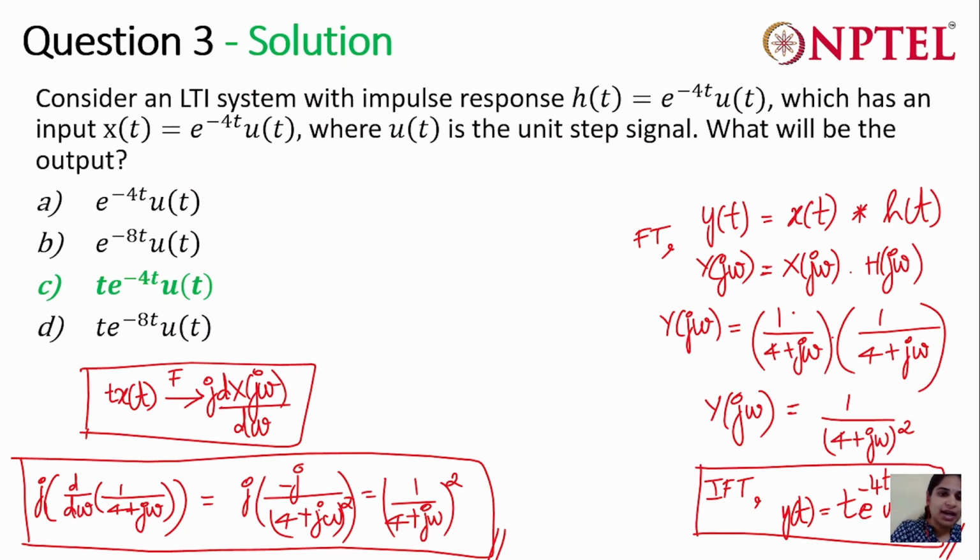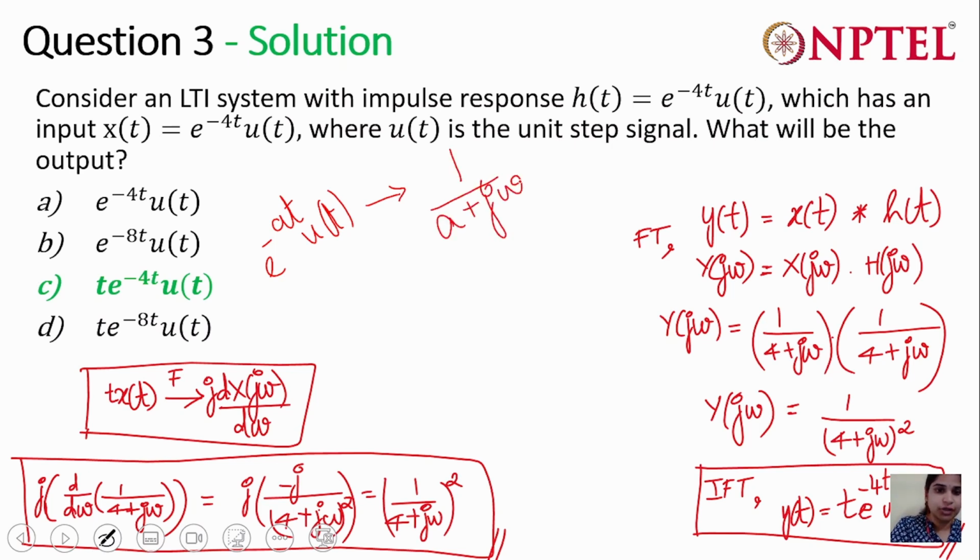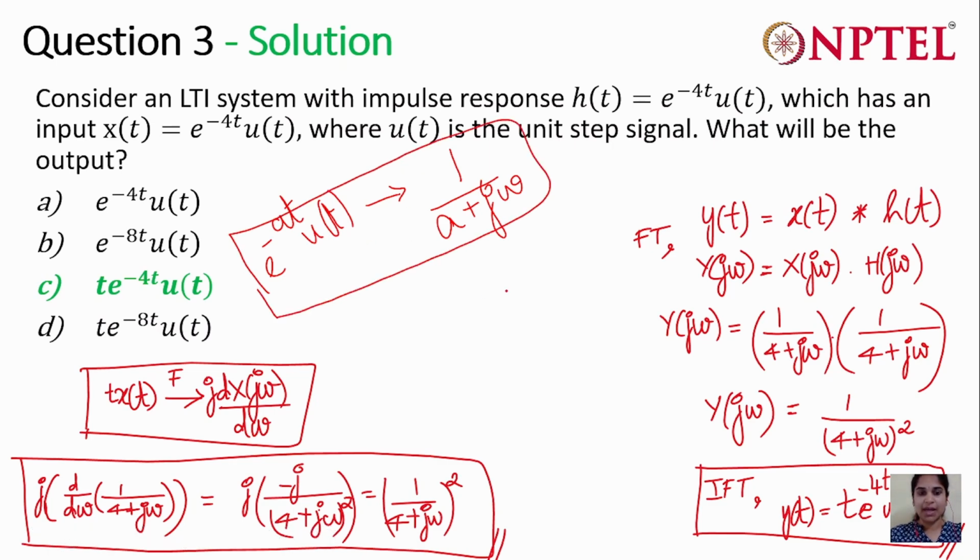When we had e power minus a t into u of t, we had it as 1 divided by a plus j omega. So now instead of a we have 4. So it's 1 by 4 plus j omega into 1 by 4 plus j omega. Basically, it is 1 divided by 4 plus j omega the whole square.